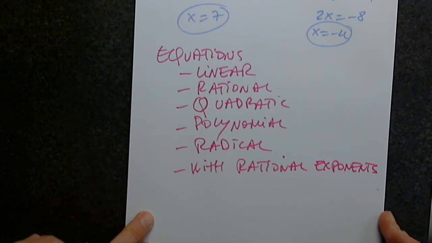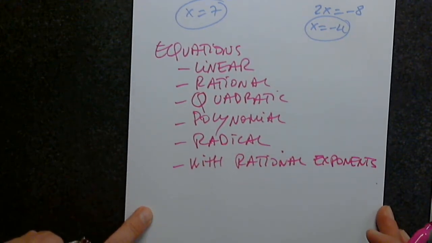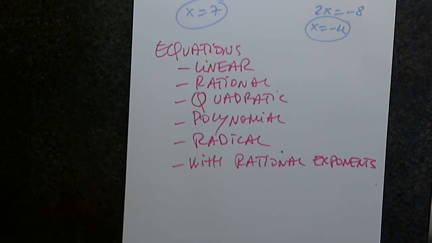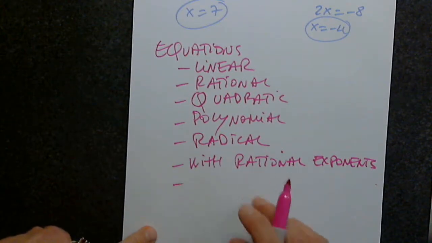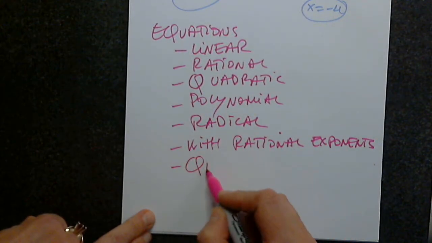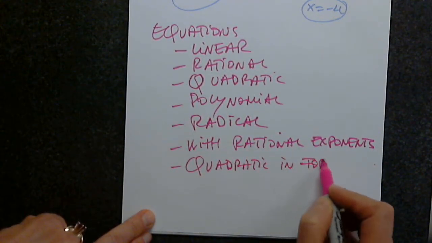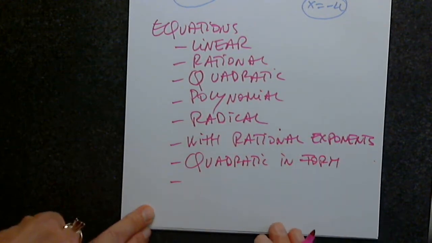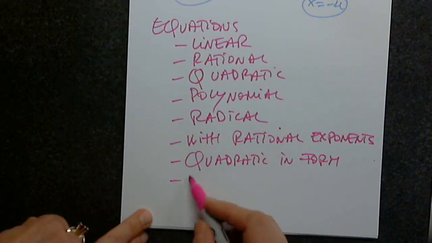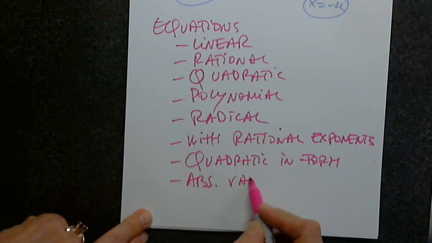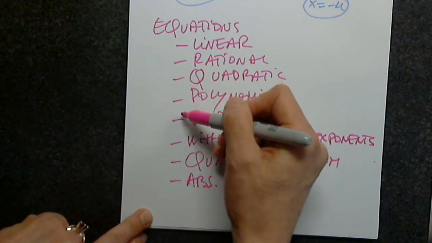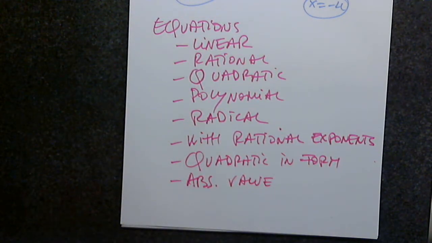It's still radical, but we want to differentiate because it has 2 steps. First I eliminate the denominator and then I eliminate the numerator. Okay. Quadratic in form. And the last one that we just completed, absolute value. 2, 4, 6, 8. 8 different ones.